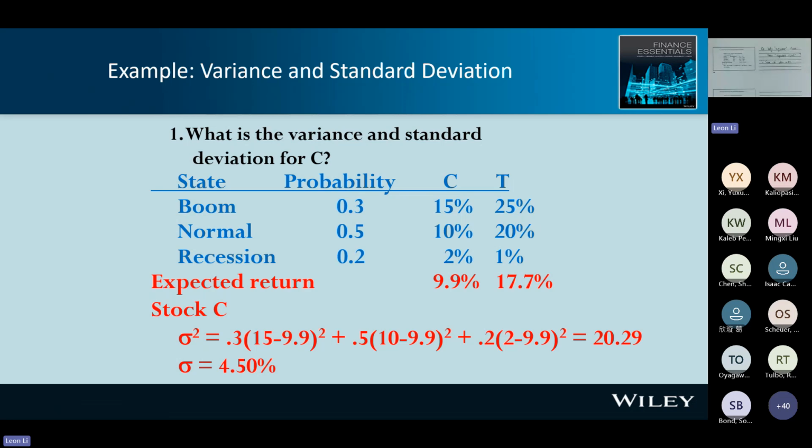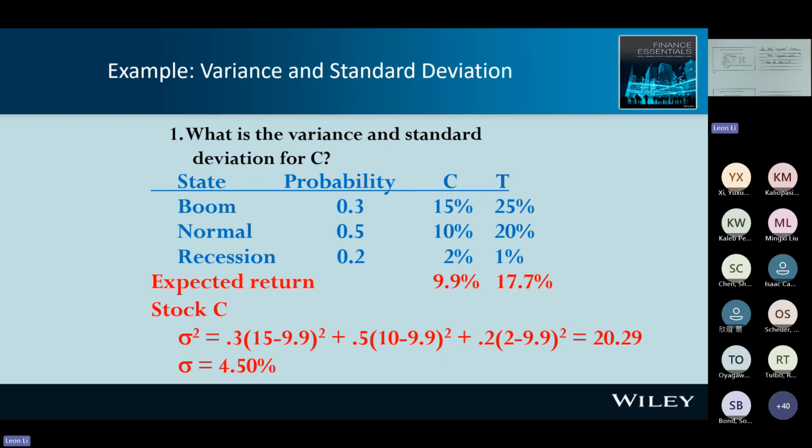I have a note here. So you can see when we calculate the risk or the standard deviation, we square the deviation first. Then we use the square root to have the standard deviation. So we square the deviation, then we use the square root to remove the square, right? The reason is if we don't do this way, if you do the weighted average directly, you will find the sum of deviation will be 0.